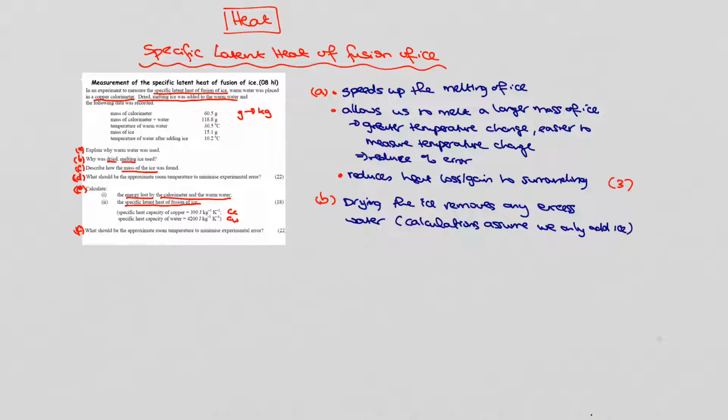Now, why do we use melting ice? Again, the melting ice is used so that the temperature is at 0 degrees Celsius.